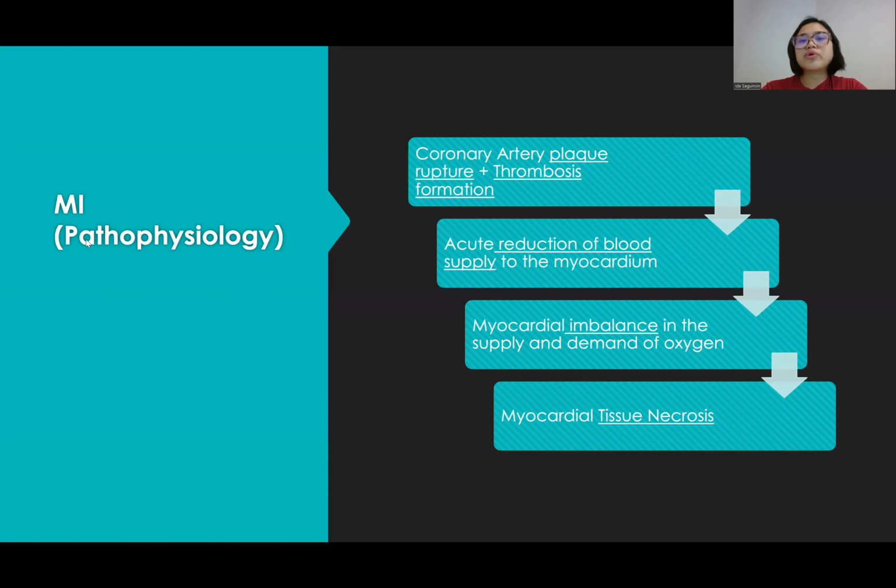Normally we see it in the coronary arteries where plaque ruptures and causes formation of thrombosis. Because of the blockage of the thrombosis, there is an acute reduction of blood supply to the myocardium, causing imbalance in supply and demand of oxygen. When this imbalance is prolonged, it can cause myocardial tissue necrosis.